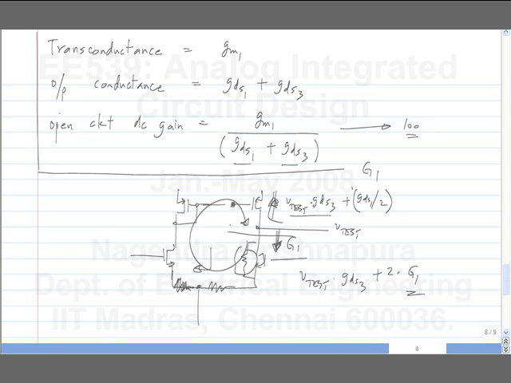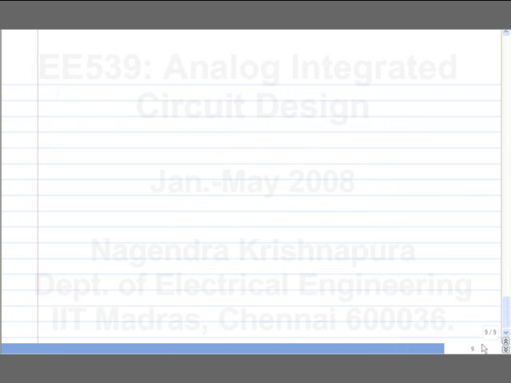Anything else? So, one of the things I said was important with an op amp is the common mode gain. We want it to be low. In that sense it is important.